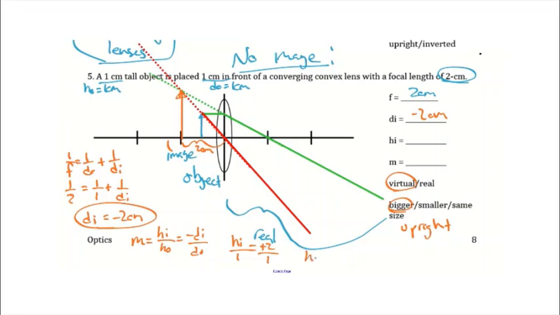And you can see that hi is plus 2 centimeters. And it's going to be twice as big, 2 times. So it's upright, it is virtual, and it is enlarged. And that is what it looks like when the object is closer than the focal length.